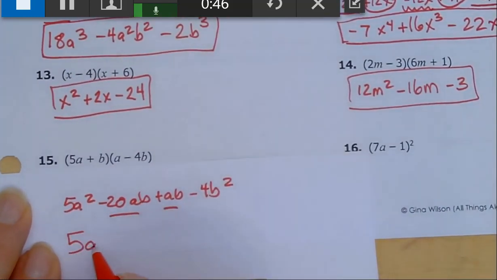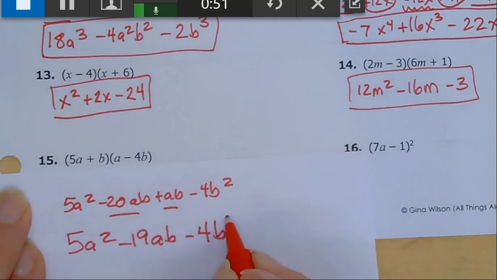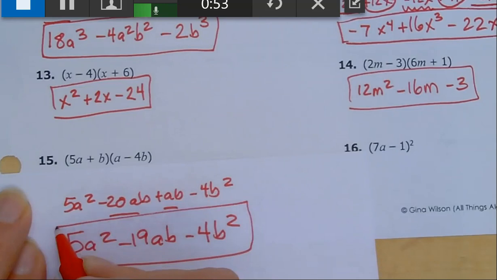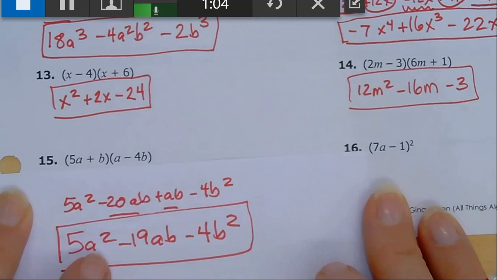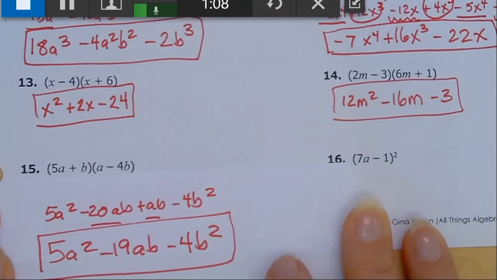And so I have 5a squared minus 19ab minus 4b squared. And that is my answer, and I want to make sure that's in standard form, and it is because a is our first letter in the alphabet that we have as a variable, and a squared is my highest exponent. Then I have a to the 1, and then my last term doesn't have any a's.